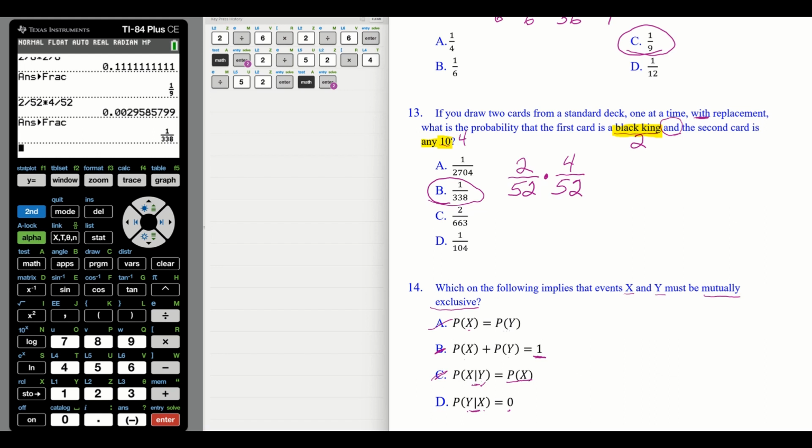So in this case, these are dependent, so they're linked together. We are going to not replace. So in order to have X, and we're not replacing the card, we must have Y. So it has a value. Well, this is saying it doesn't have a value. So that is correct.